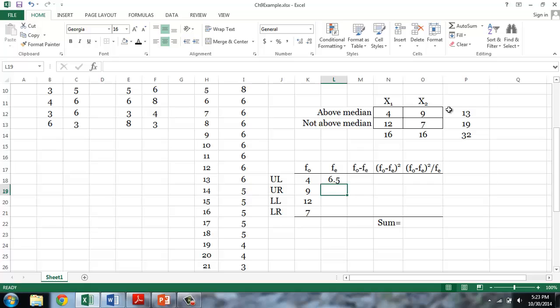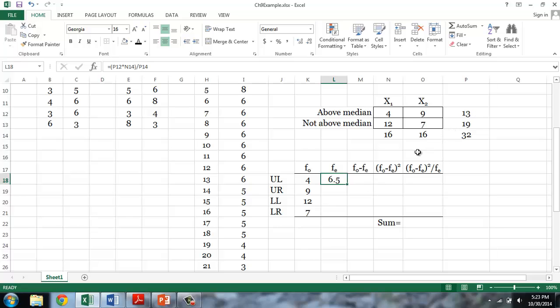Note, if the group you belong to doesn't matter, and there are an equal number of cases in each group, you would expect the 13 cases above the median to be equally distributed between the 2 groups. And in fact, 6.5 is 1/2 of the row total.